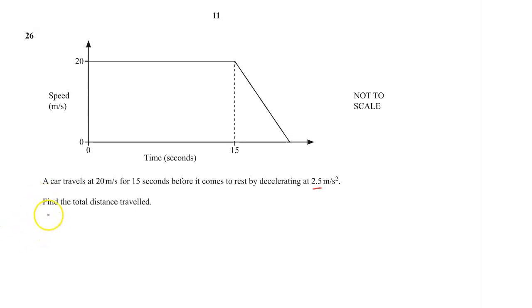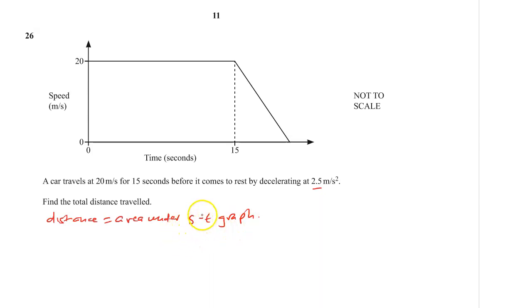Total distance traveled. Distance is equal to the area under the speed time graph, right?